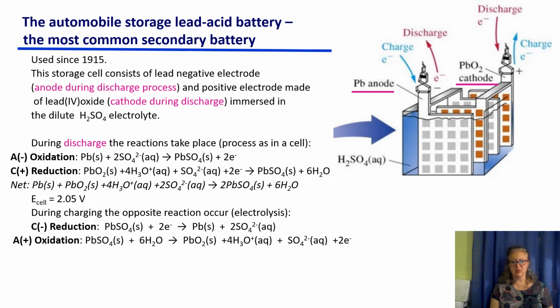This storage cell consists of a lead negative electrode, the anode during the discharge process, and a positive electrode which is made of lead 4 oxide, and this electrode plays the role of cathode during the discharge process. They are immersed in the electrolyte, which is diluted sulfuric acid.